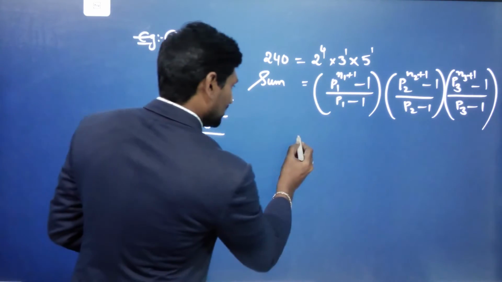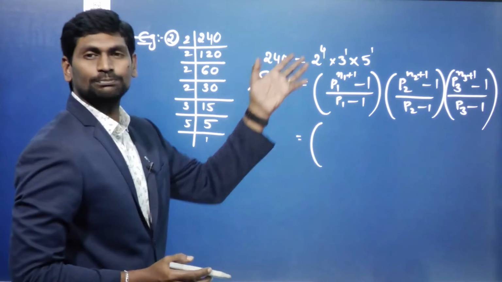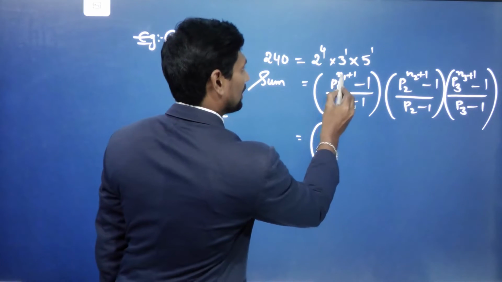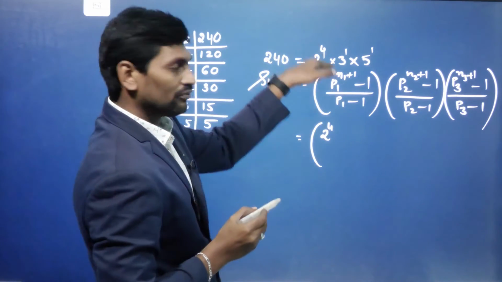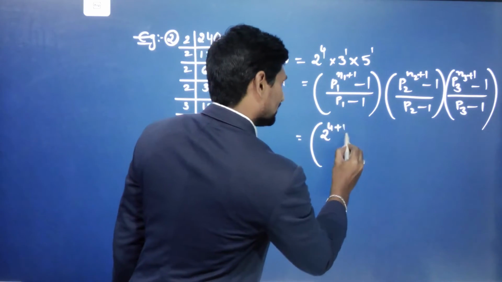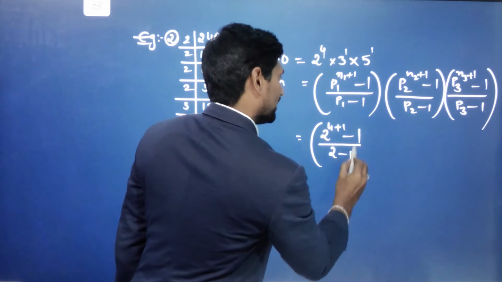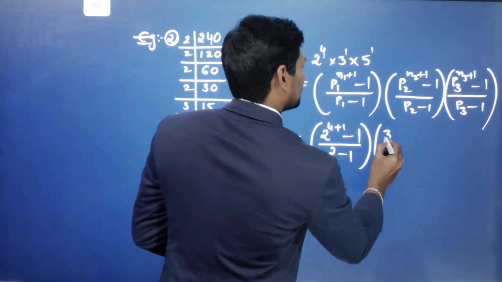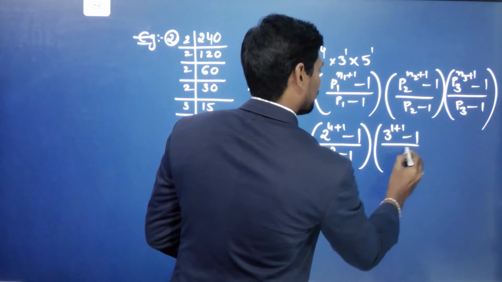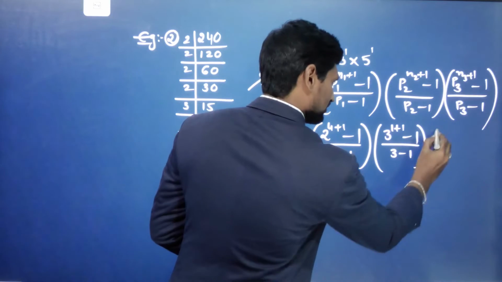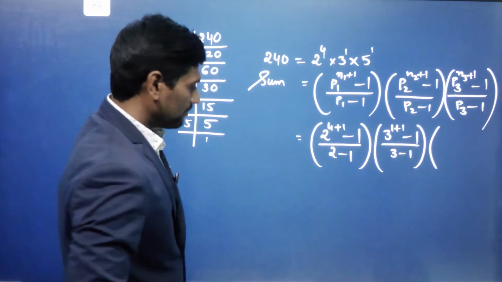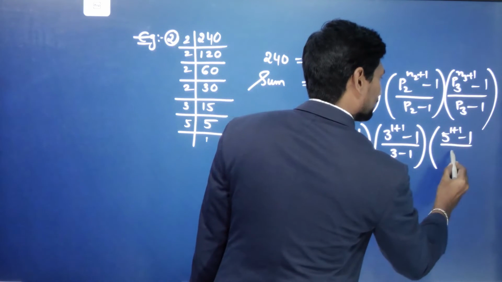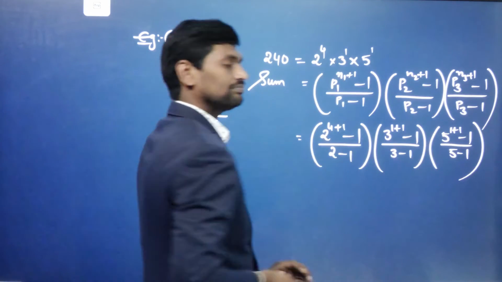Now P1, the first prime number here, is 2 power 4, plus 1 minus 1 by 2 minus 1. Next prime number is 3: 3 power 1 plus 1 minus 1 by 3 minus 1, and next prime number is 5: 5 power 1 plus 1 minus 1 by 5 minus 1.